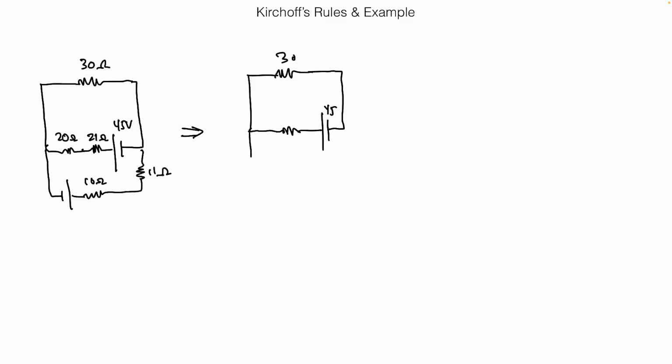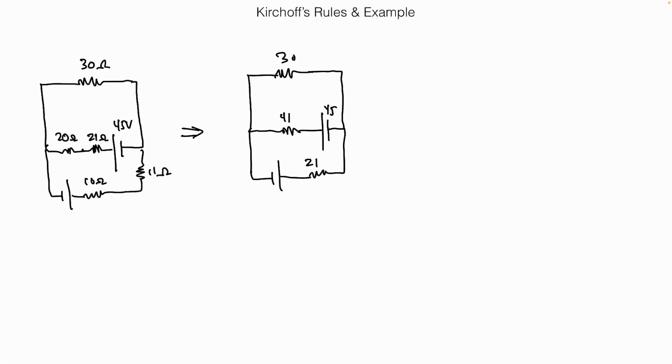But then what's the other one that's in series? The 10 and the 11, right? I can just draw it right there. So this would be a 21 ohm, and this would be a 41 ohm. Did I add correctly? Yes. Okay.